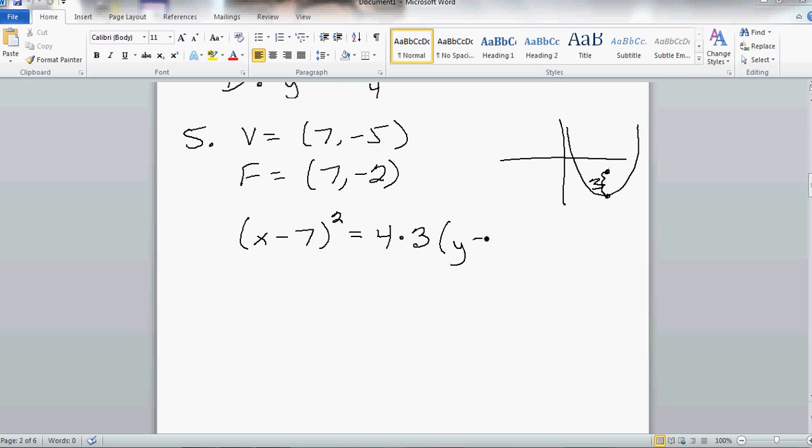Y minus the y value. Well, the y value of the vertex is -5, so that becomes y plus 5. And so just cleaning this up, this becomes (x minus 7) squared equals 12 times (y plus 5). And we're just going to keep it this way because this tells us a whole bunch of information. So there's the equation for number 5.